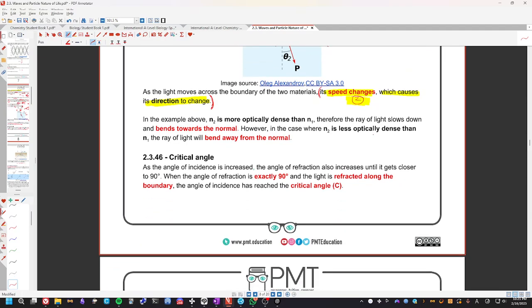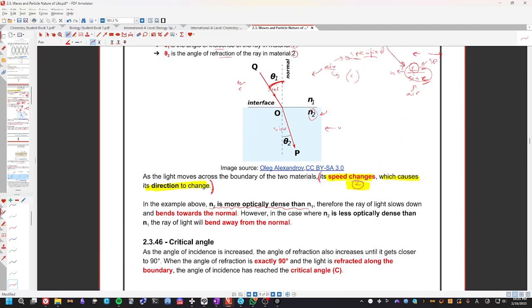Okay, now in this example, we're referring to how n2 is more optically dense than n1. Okay, so if we imagine this is air and this is glass, then obviously glass is going to be more dense. So therefore the ray of light slows down and bends towards the normal. So we have n1 here and n2 here.